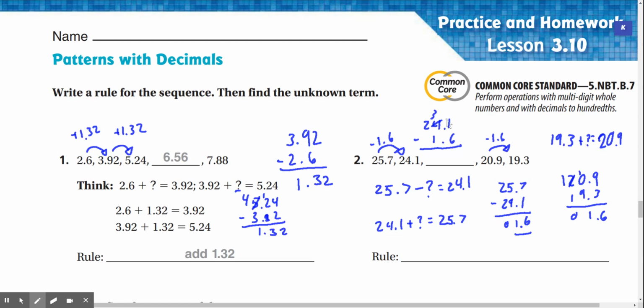That gives us 11 minus 6, which is 5. 3 minus 1, that's 2. 2 minus 0, that's just 2. 22.5 is our answer. And the rule is subtract 1.6.